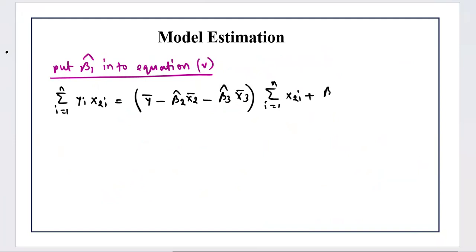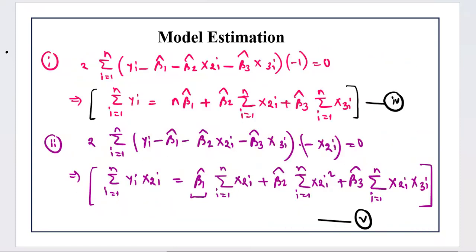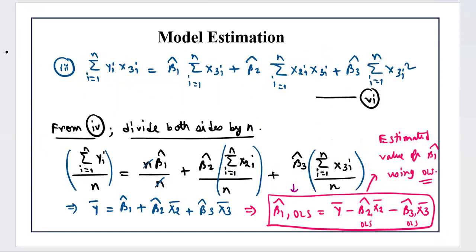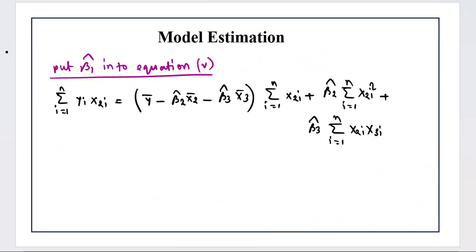Then you have beta 2 cap summation i from 1 to n x2i square plus beta 3 cap summation i from 1 to n x2i x3i, right? So rest of the things are the same. I have just replaced this portion. Beta 1 cap is the intercept, this OLS estimate.